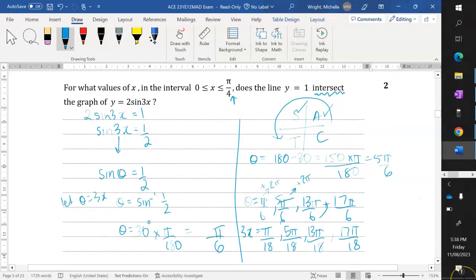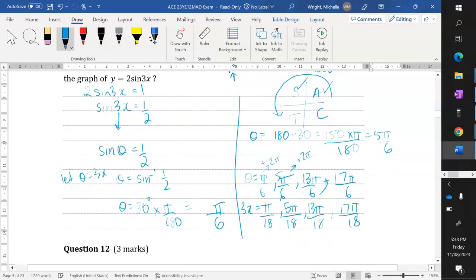Now, they would be the answers if our domain was between 0 and 2 pi. We'd be looking at some of those answers. But because I only want my answer to be in the interval between 0 and pi over 4, my only answer is going to be that x is pi over 18.